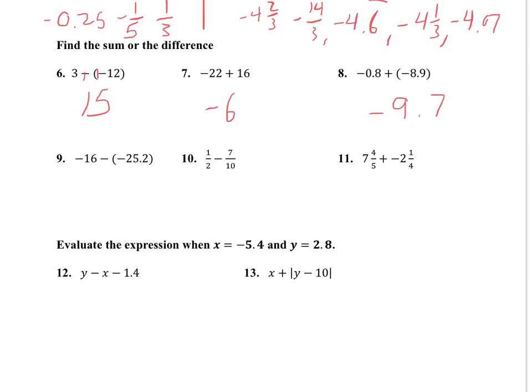On number 9, we should end up, well, that's plus plus, so it works like subtraction. So we should end up with, is it 9.2? I think that's right. If not, you guys can email me and let me know. Number 10, ooh, unlike fractions.